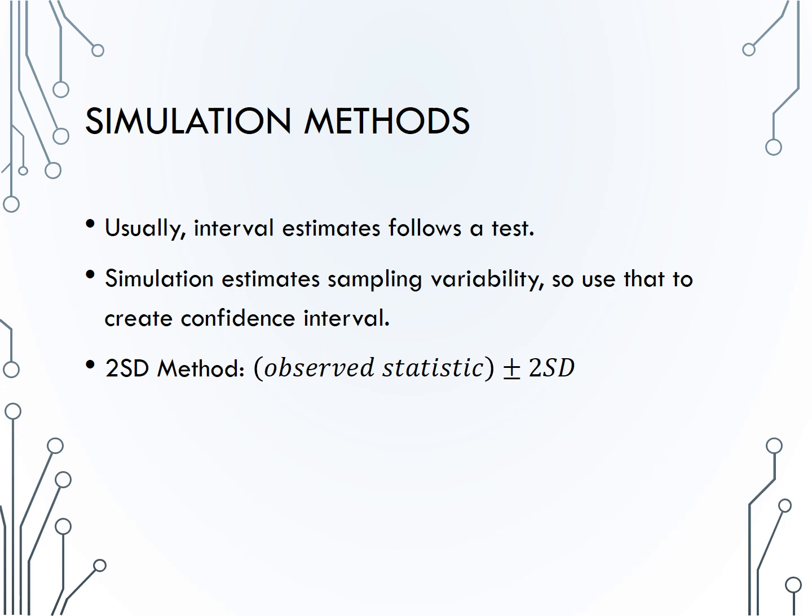The spread of those statistics gives us an estimate of sampling variability, and so we can use that to create our confidence interval. The 2SD method is to take the observed statistic plus or minus 2 times the standard deviation of the statistic. The standard deviation of the statistic we can find from the standard deviation of the null distribution, or the spread of the statistics, assuming the null hypothesis is true.